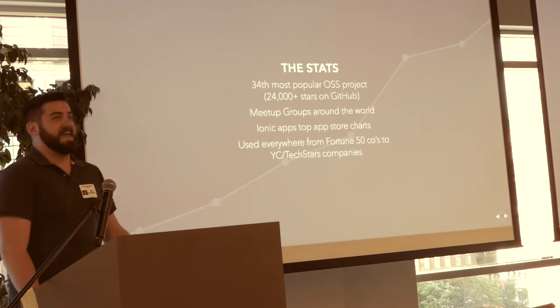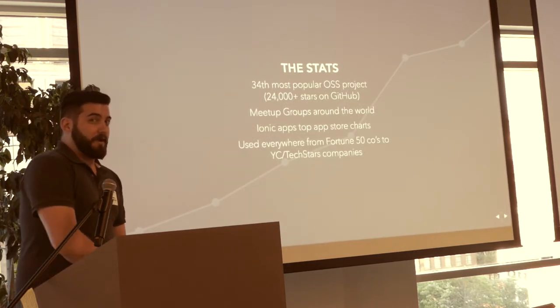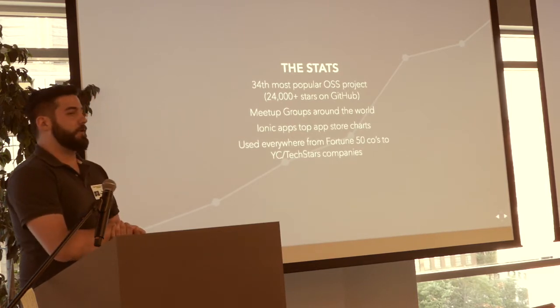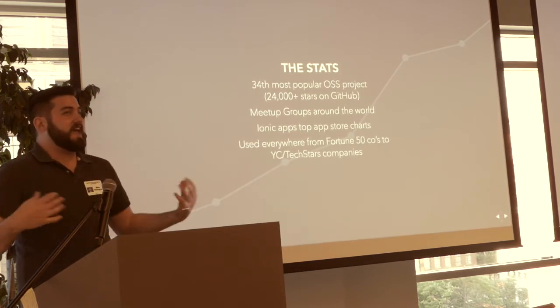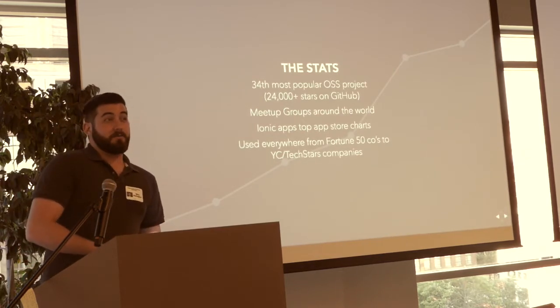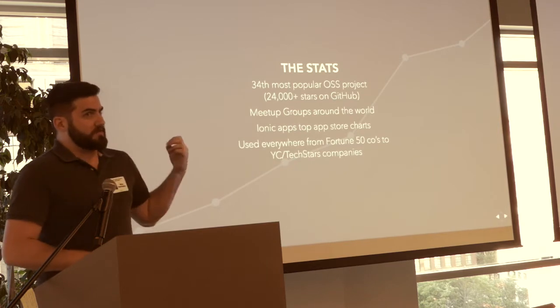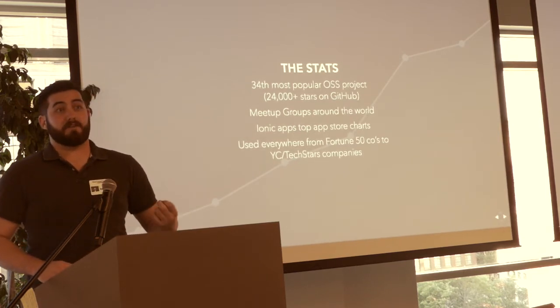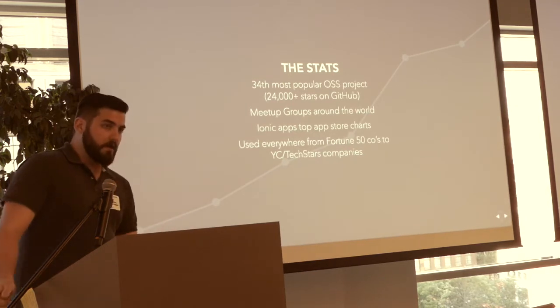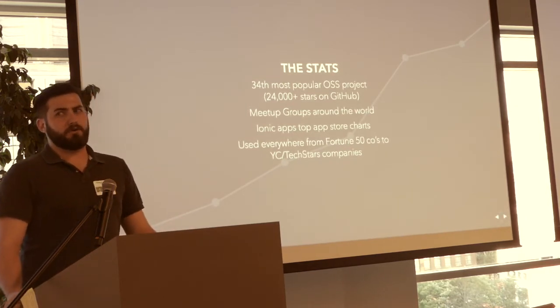Just some stats. It's quite a popular project on GitHub. It's gotten just over 24,000 stars. Not that that's any sign of success. It is a good ego boost. But what it does show is that there is some kind of activity around the repo. These just don't happen overnight. And we have meetup groups all over the world.